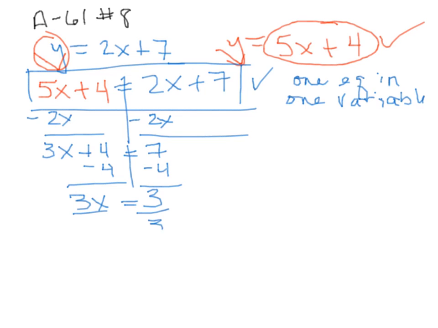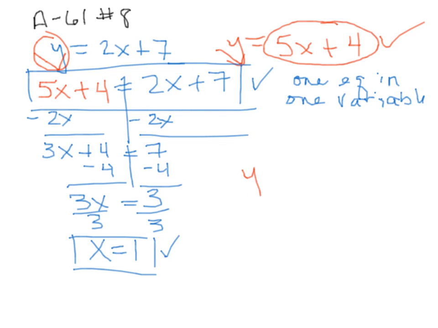I divide everybody by 3, and I get x is equal to 1. So there I am, and that's the end of step 3, because I have now a value for one of my variables. Step 4 is I'm going to substitute that into the other equation.